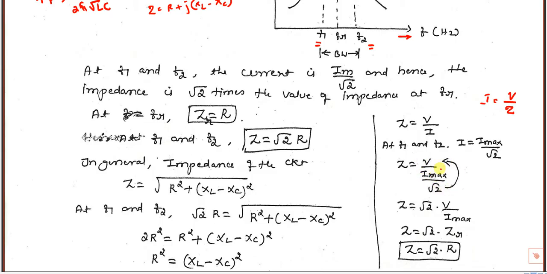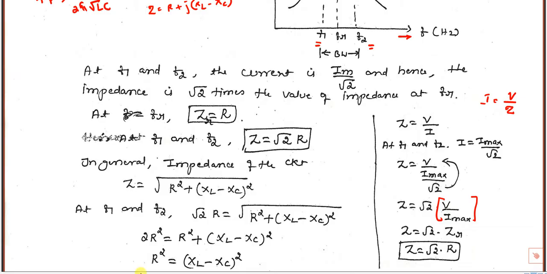So this root 2 will go to the numerator, and we'll get root 2 times V by I max. V by I max is voltage by maximum current, which is nothing but R. When current is maximum, the impedance ZR purely behaves like a resistance R. So Z is equal to root 2 times R.